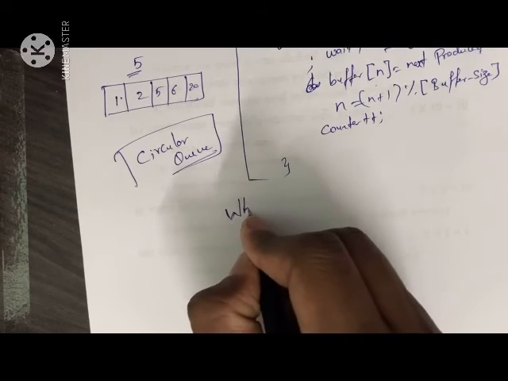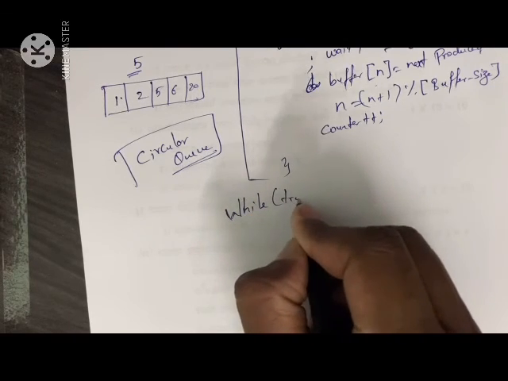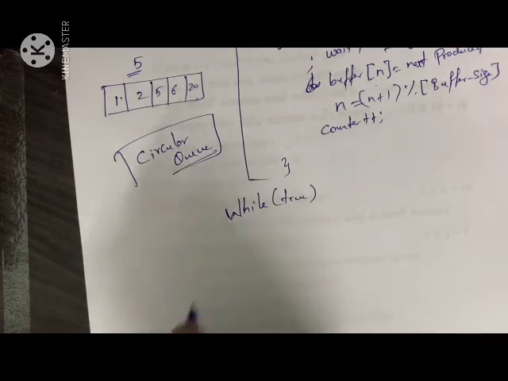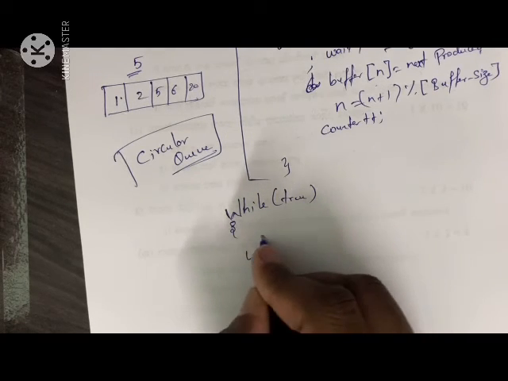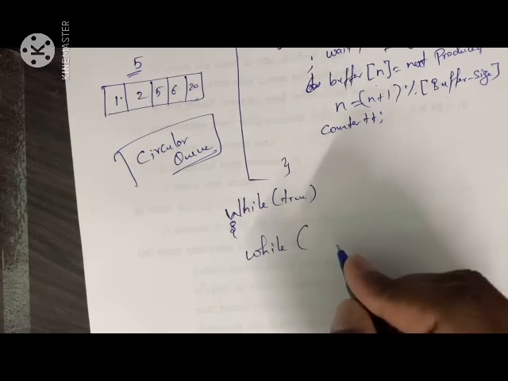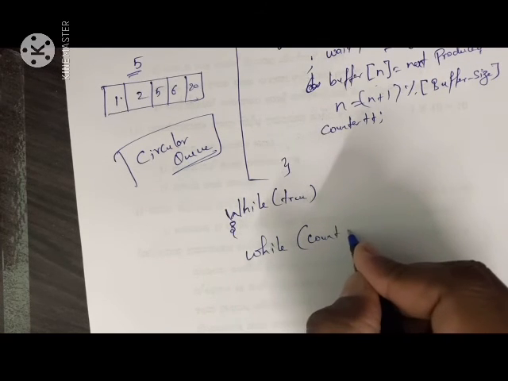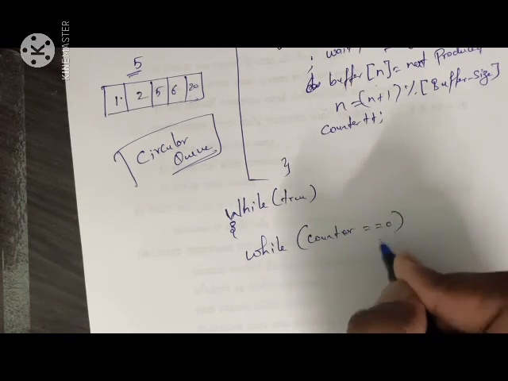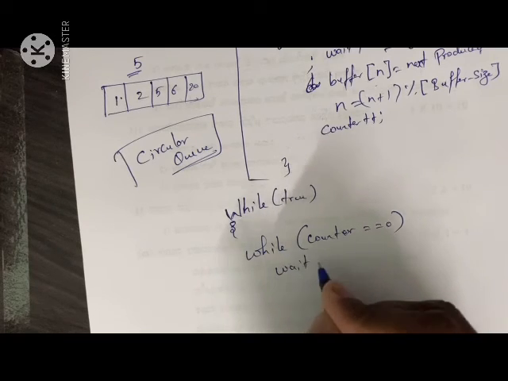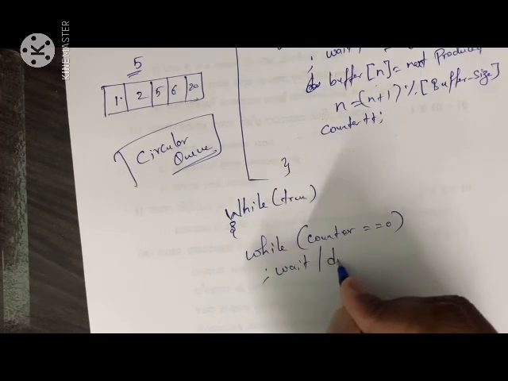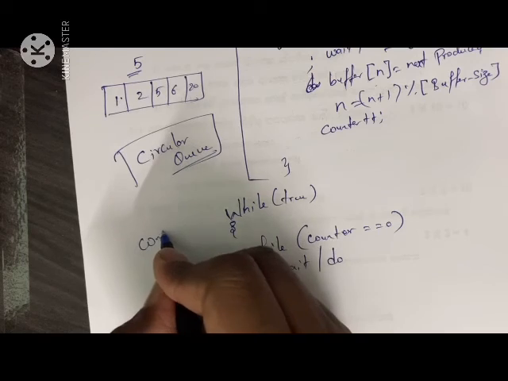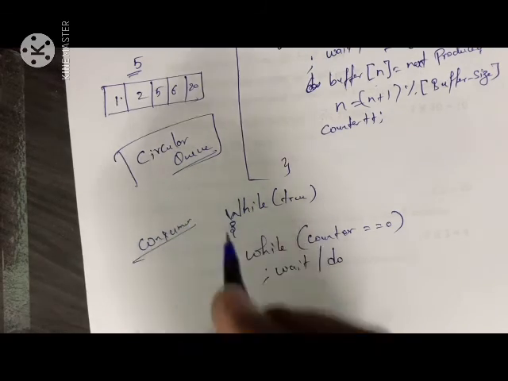It will start with while true. While it is true, the consumer will be waiting when the buffer is empty. So when counter is equal to 0, the consumer is going to wait and not do anything.